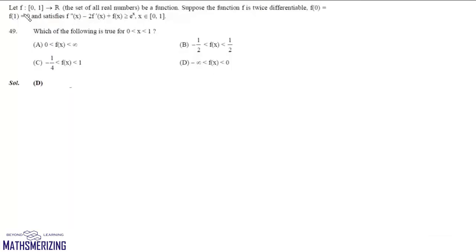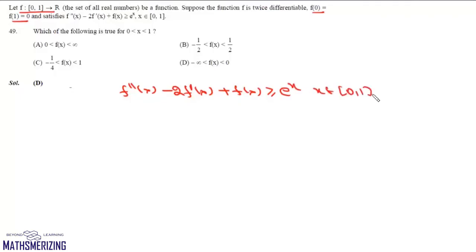Now here the question is, if f is defined from 0 to 1 to R, and suppose this f is twice differentiable such that f0 equals f1 equals 0, and it satisfies f double dash x minus 2 f dash x plus fx is greater than or equal to e to the power x for x belongs to 0 to 1, then which of the following is true for x lying between 0 and 1?